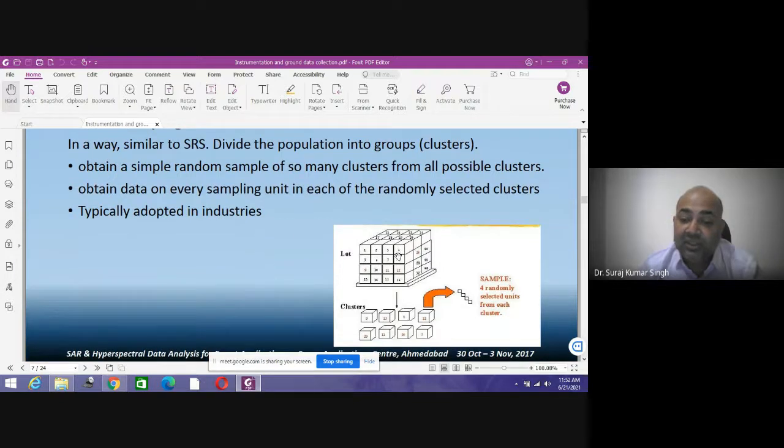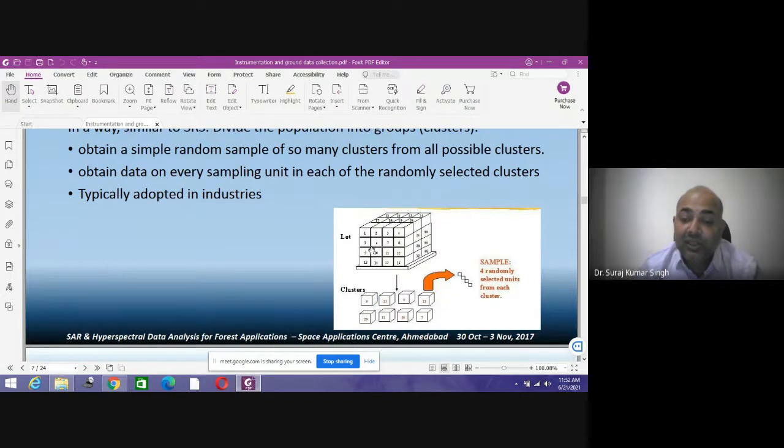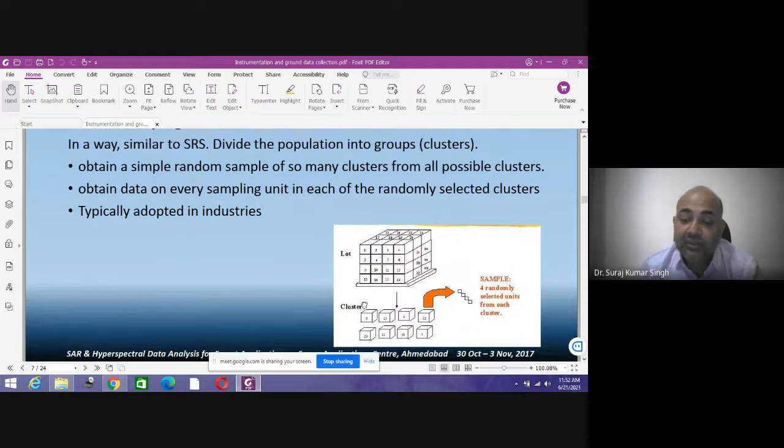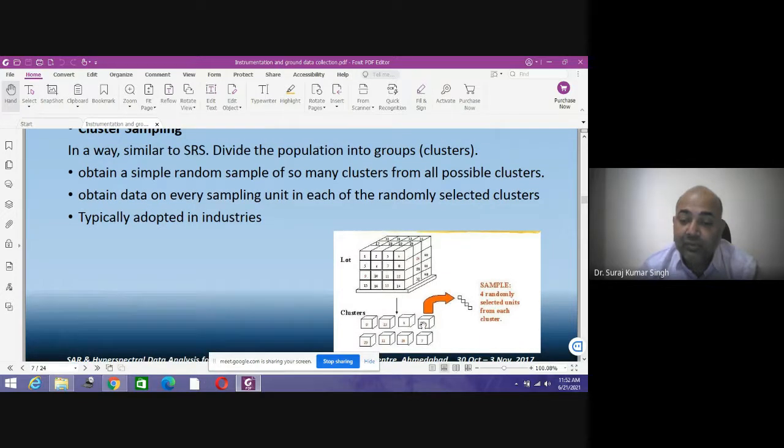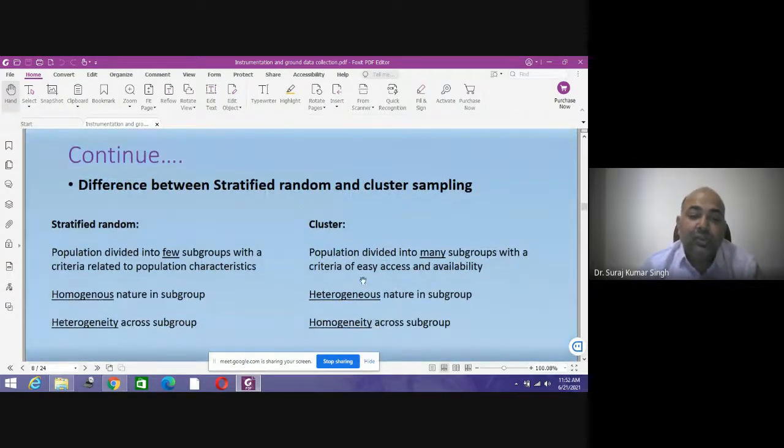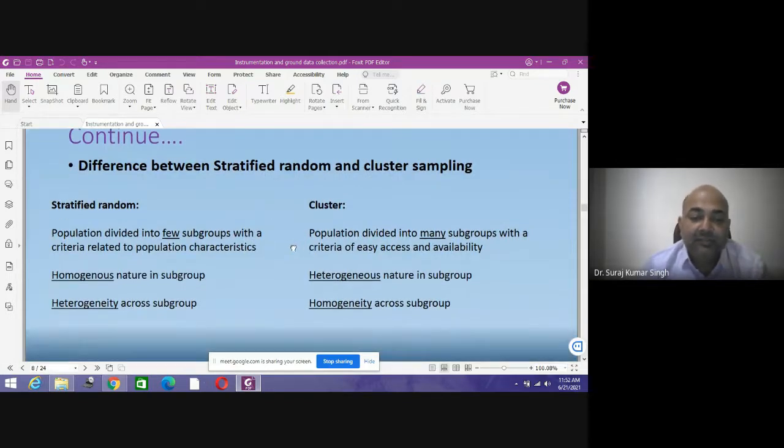You can see there are various numbers in a cube that we have generated, and out of that we'll take out the clusters. Clusters are 9, 13, 4, 12, 29, 11, 24, 7. We'll be taking four randomly selected units from each of the clusters. So we'll make a cluster, make a group, and then from each group we'll be taking some samples. So what is the basic difference between stratified and cluster sampling?